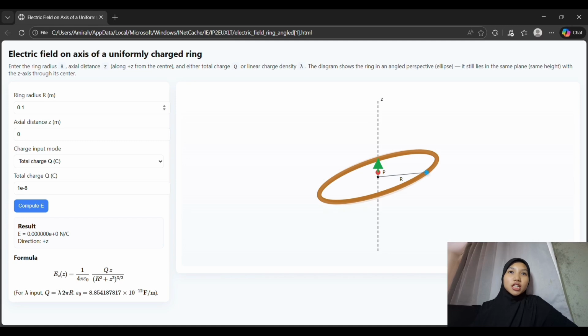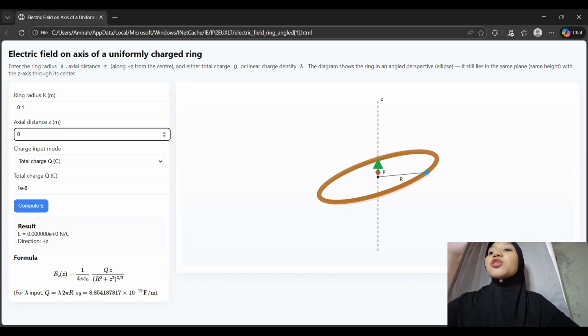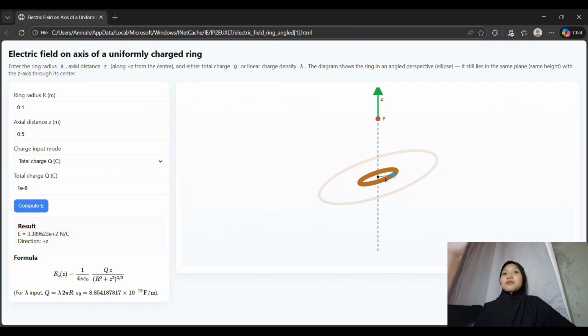When I change z to 0.5 and push the button E, you can see that we have some value of E. This point is farther away from the ring, so the field should be weaker. We can see that the value of E drops significantly, indicating a weaker electric field.